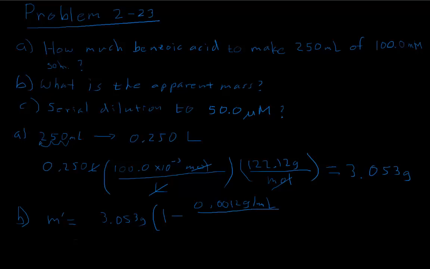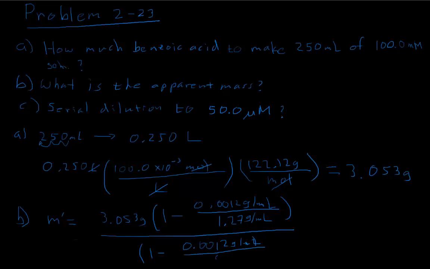We divide that by the density of the sample. Benzoic acid has a density of 1.27 grams per milliliter. Close that parentheses. And we divide that whole mess by 1 minus the density of air, 0.0012 grams per milliliter, divided by the density of the calibration weight, which is 8 grams per milliliter.